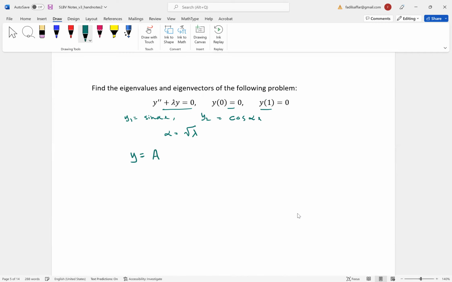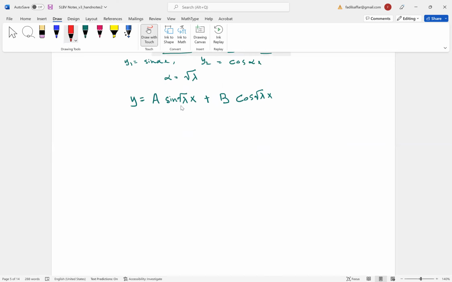We have again a sine square root of lambda x plus b cosine square root of lambda x. So we have this general form, and what we need to do now is apply the boundary conditions.